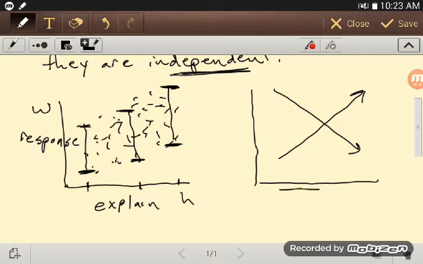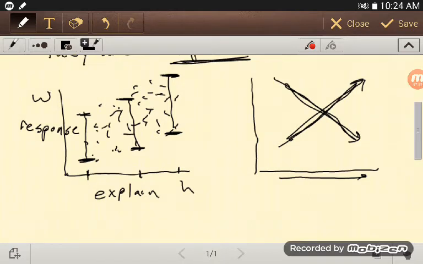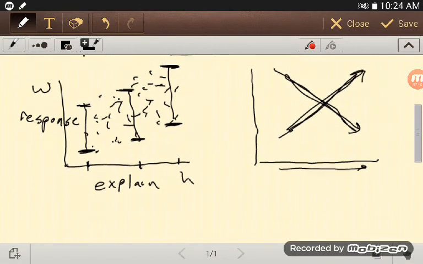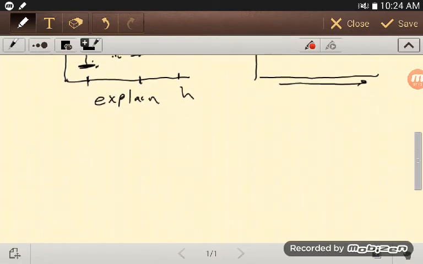As I move along the x-axis, if my point cloud tips either up or down, my prediction is going to change as I move along that axis. It'll either go up like this, or it will go down like this, but it does one of the two. And so with a point cloud of these two continuous variables, that's all we're looking for, that tendency to tip one direction or the other.